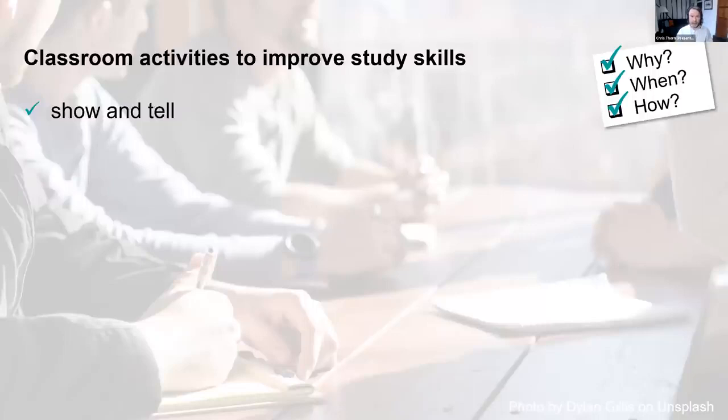I think even a Google Jamboard could be used for this in a way. There's various different platforms, but you could ask your students to go away, think about their study skills that work for them, or their strategies, and then to share them in this collaborative space that can be accessed by everyone.